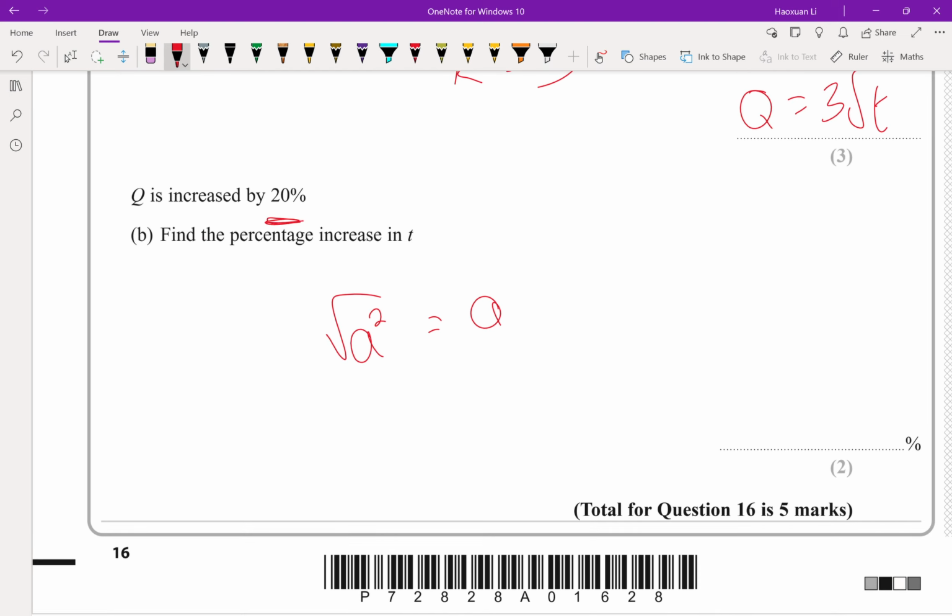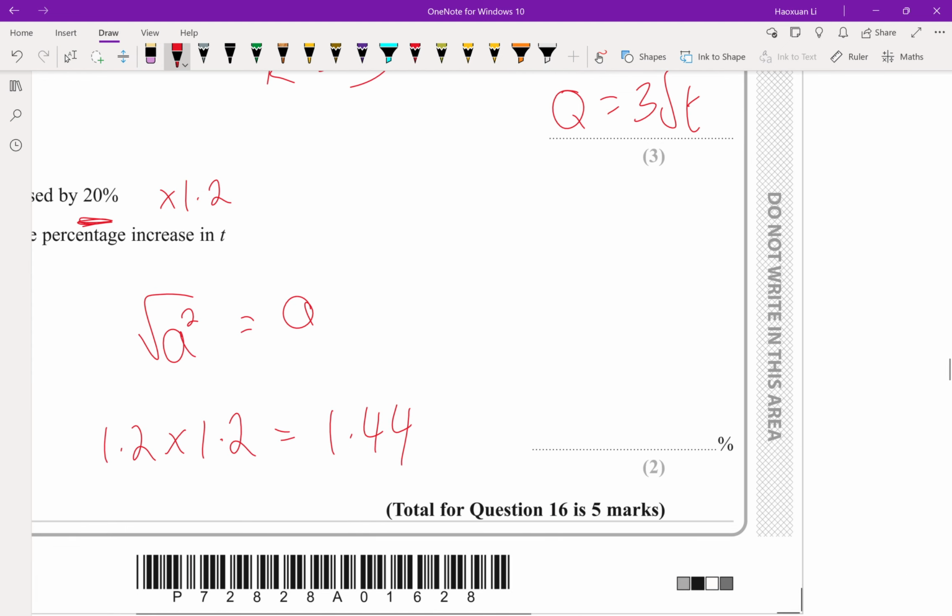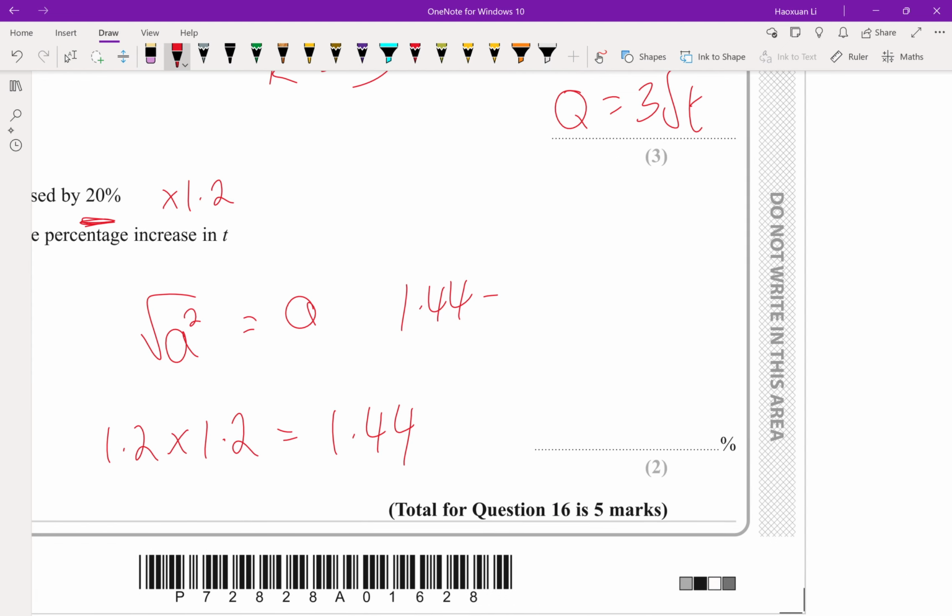So therefore, an increase by 20% will be multiplied by 1.2. So inside the square root will be 1.2 times 1.2, which is 1.44. So 1.44 minus 1 will be 0.44. Because it's a percentage, you multiply by 100, so that'll be 44%.